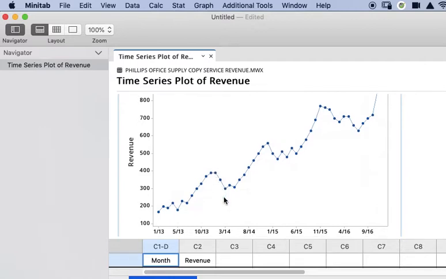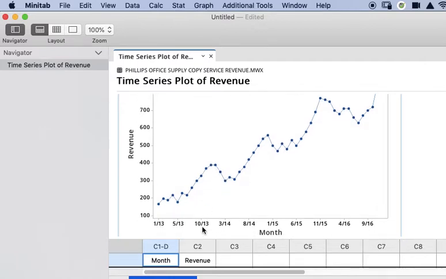And it's a little bit hard to see here because of the scale that Minitab decided to put on the x-axis. But you can kind of see there's a decreasing period here up through March-ish, and then there's another decreasing period around here, around January, another decreasing period through here.